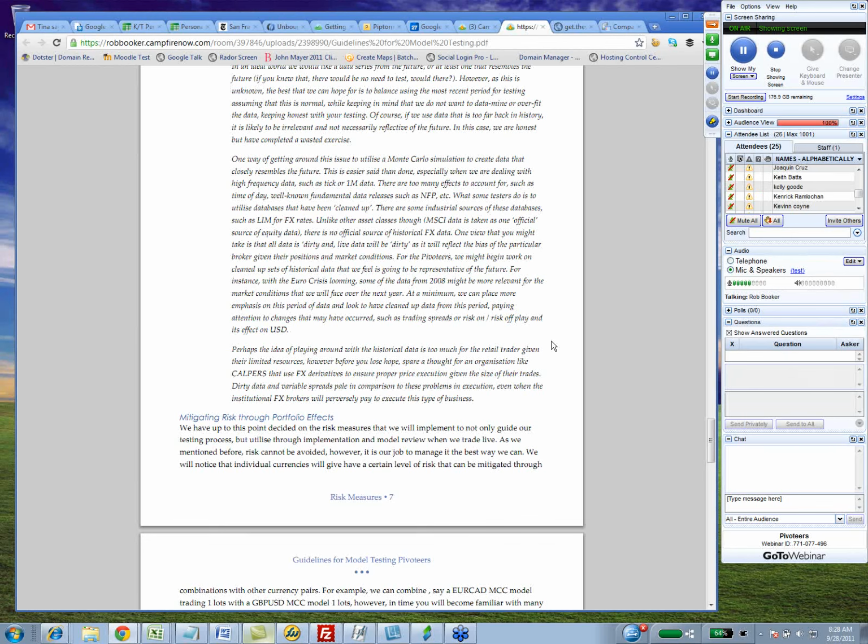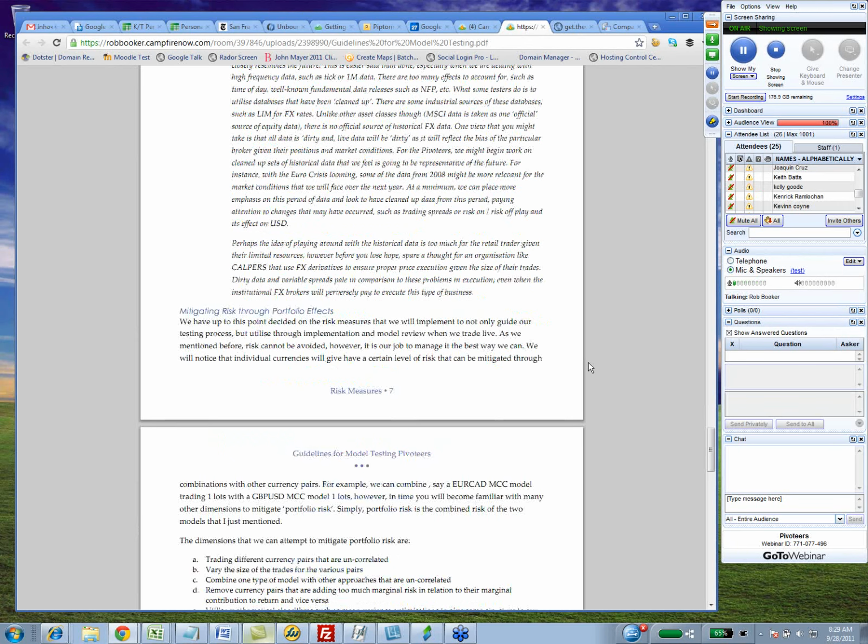If we could look backward and find market conditions that were similar to what we think that we're in right now, we can theoretically maybe get ourselves a little bit closer. It's always really difficult to know if the future is going to look like the past. At a minimum, we can place more emphasis on this period of data and look to have cleaned up data from this period, paying attention to changes that may have occurred, such as trading spreads or risk on, risk off play and its effect on the US dollar.